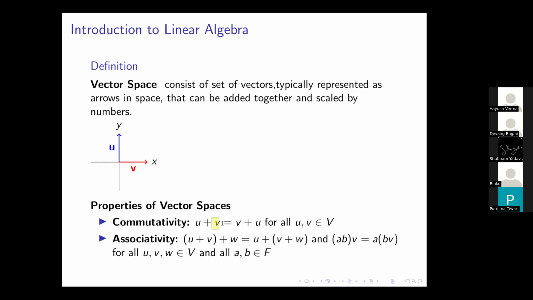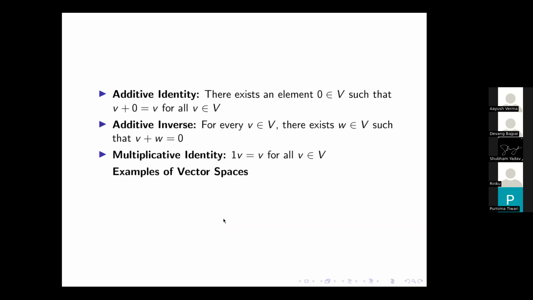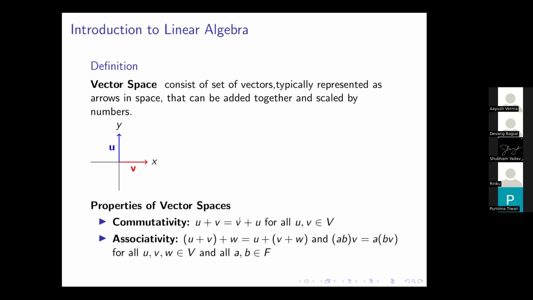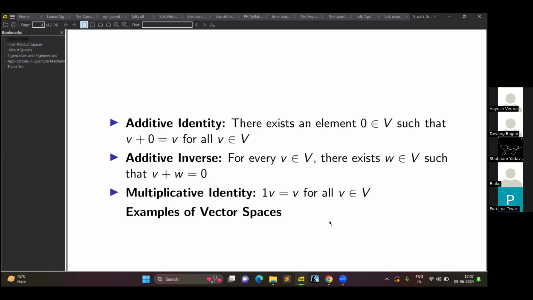When we do the sum of these, it will be equal to the sum of both vectors if we change the order: u plus v will equal v plus u. Suppose that u and v belong to the vector space v. We will consider the vector space v in this.